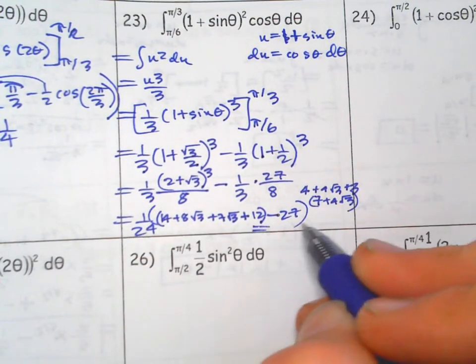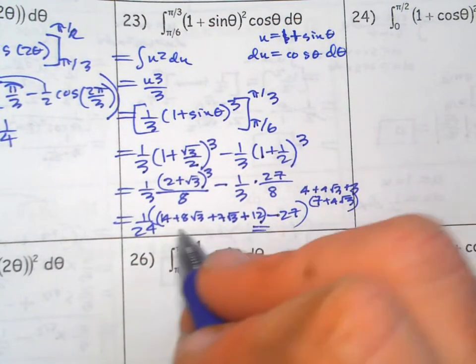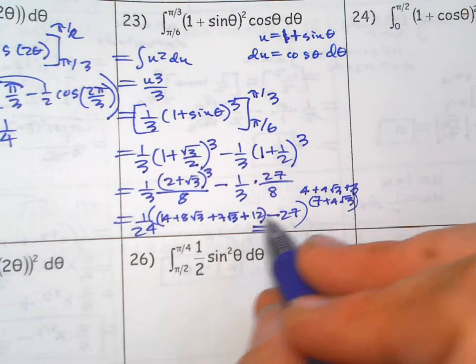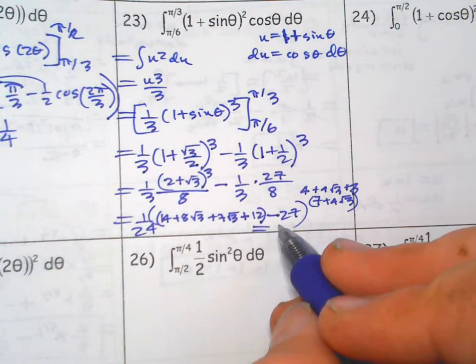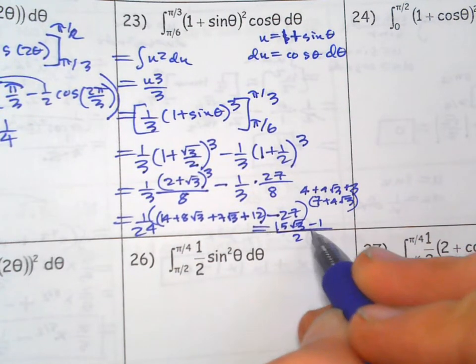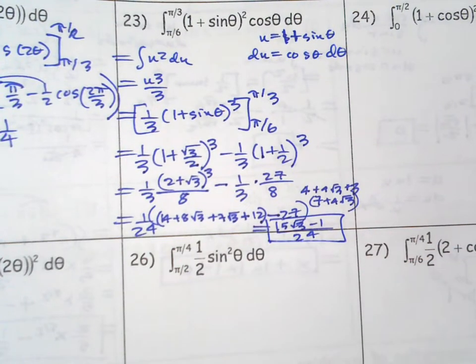Oh my gosh. Okay, so it's going to be 26 minus that. So it's going to be 15 root 3 minus 1 over 24.